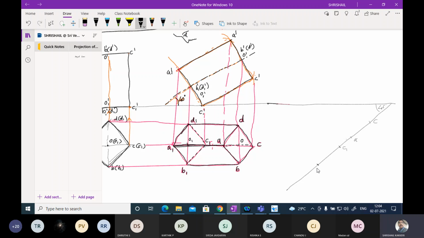This I am going to mark here, it is A1. The next, you measure this length, mark over here, and the same length here also I am going to make a marking.